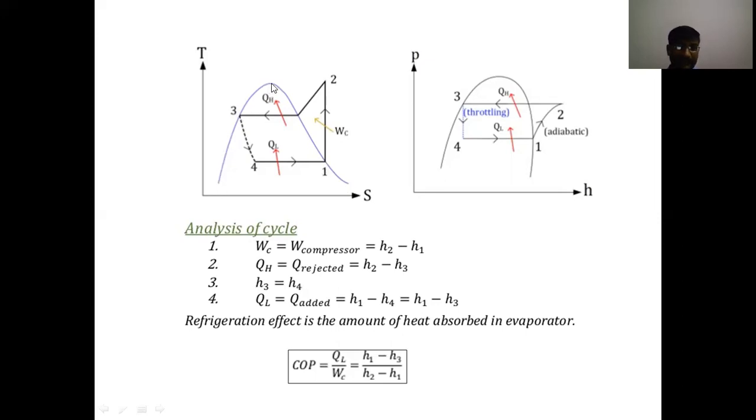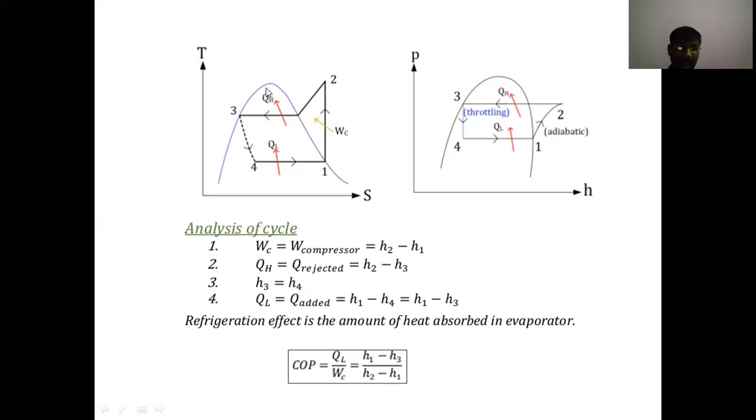This is the critical point of the refrigerant. From the critical point, the right side curve is the dry saturated vapor line, or vapor curve. Beyond this dry saturated vapor curve, the refrigerant is superheated vapor, in the superheated condition.